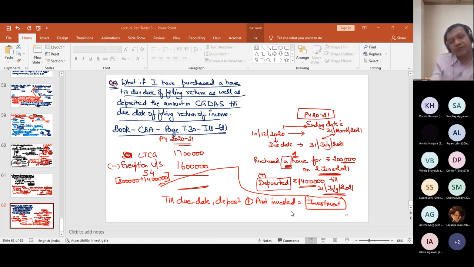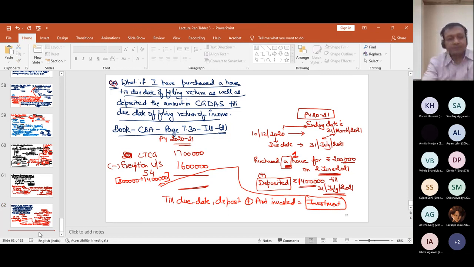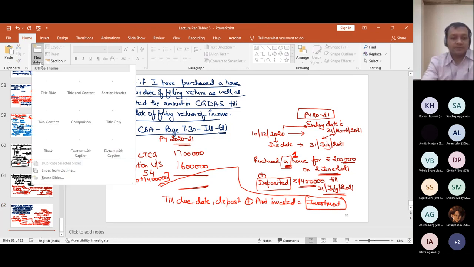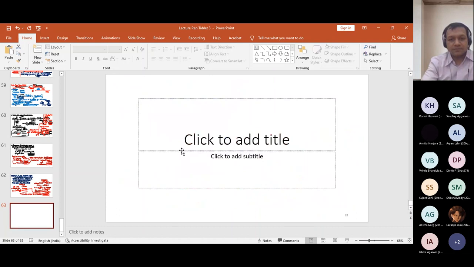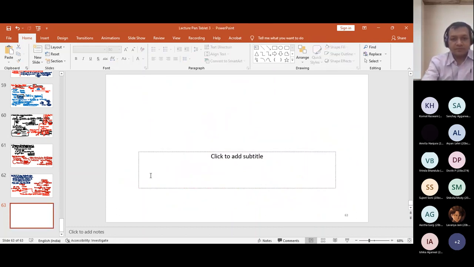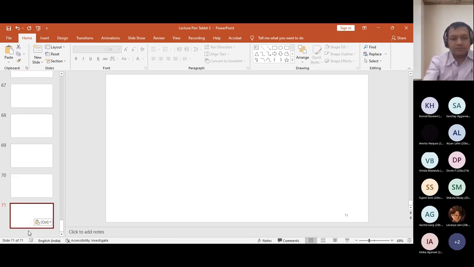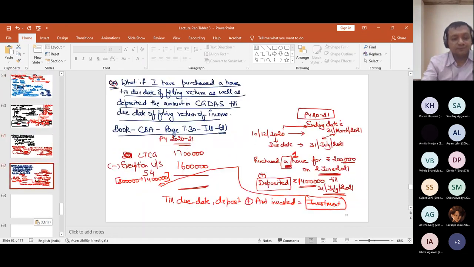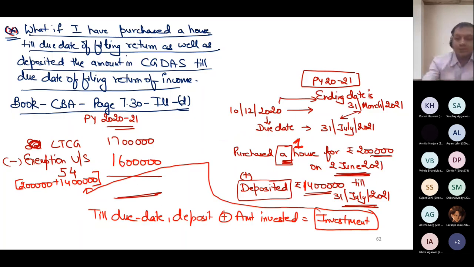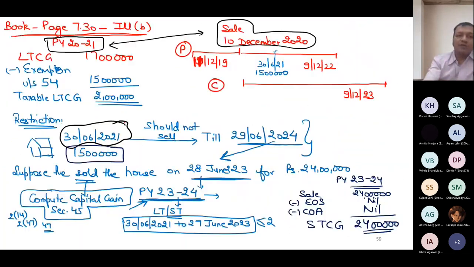Next issue within section 54. So how many points are there within section 54?